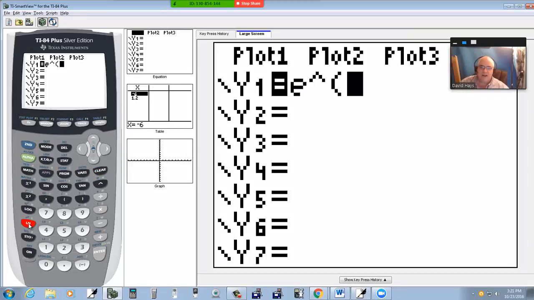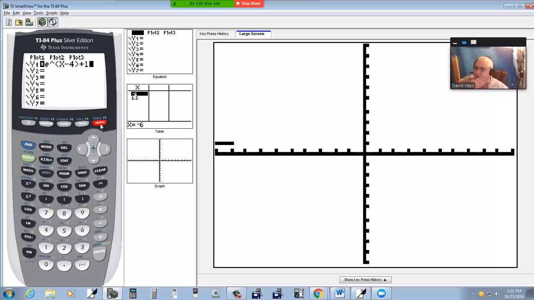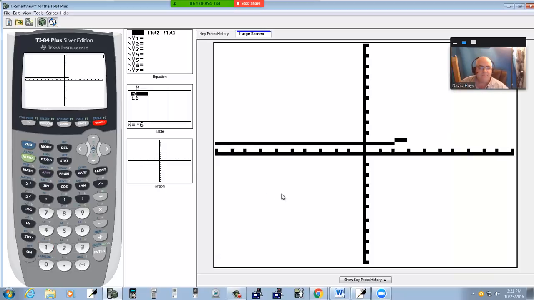It puts e caret, beginning parentheses, x minus 4, closing parentheses, plus 1. And then graph. Now again, it grows slow, and then flies out of sight. That's just the nature of exponential growth.